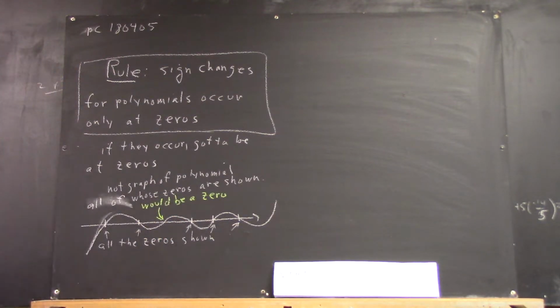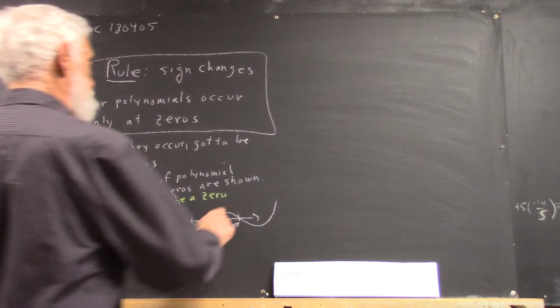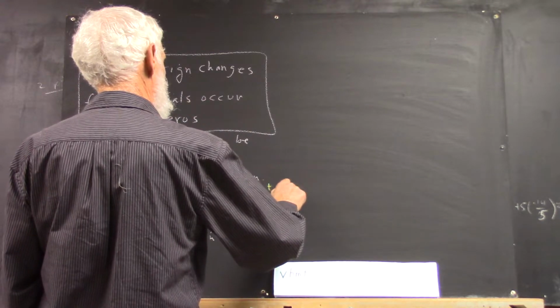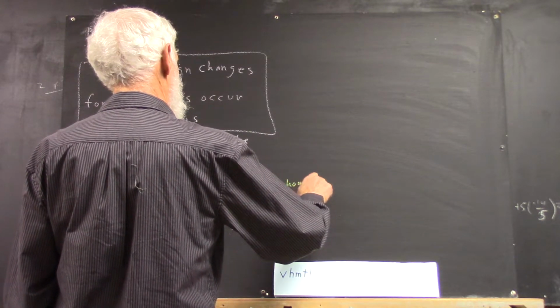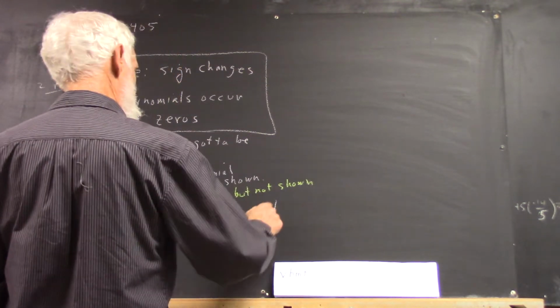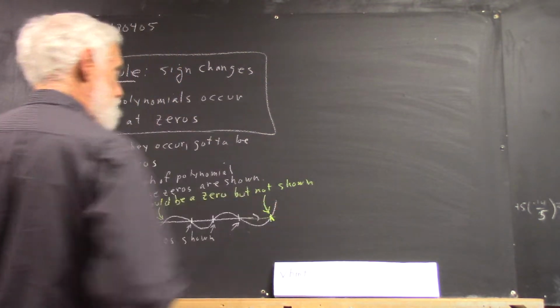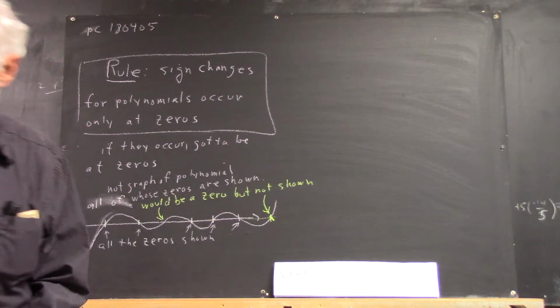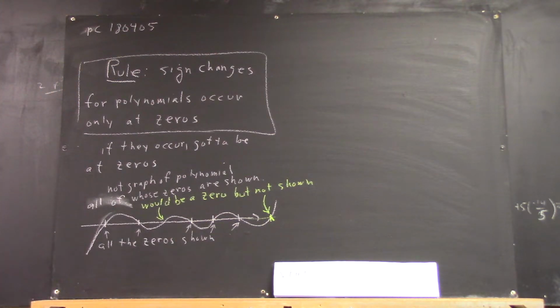That would be a 0, right? And then you'd have another sneaky one over here. So the graph of a polynomial can only be 0 at one of the zeros.